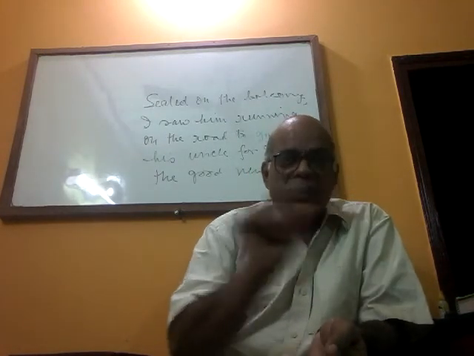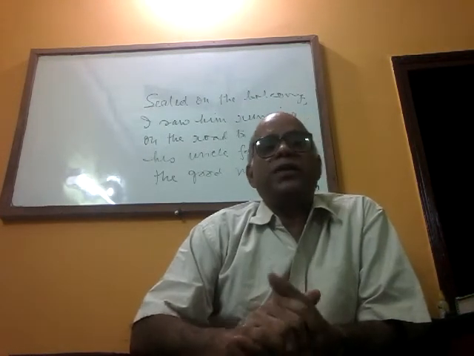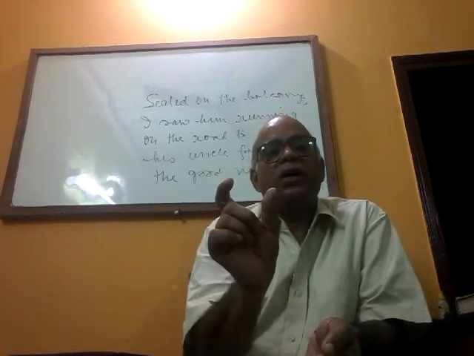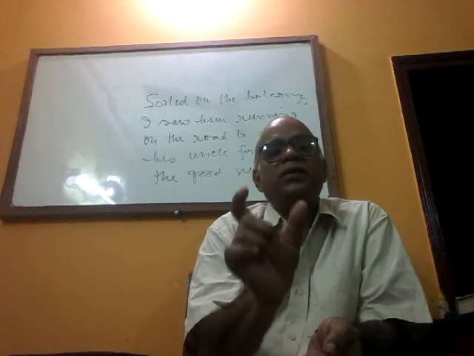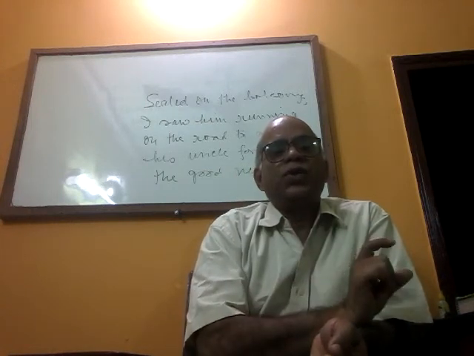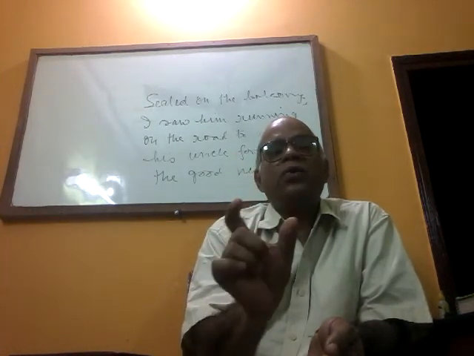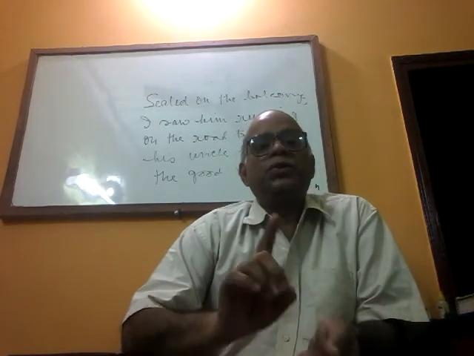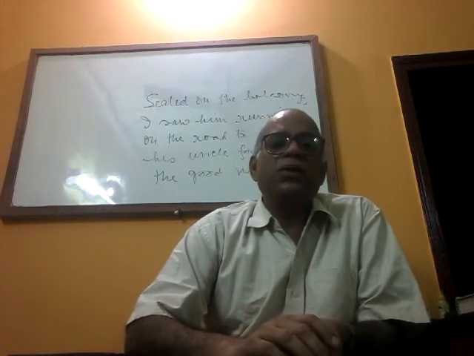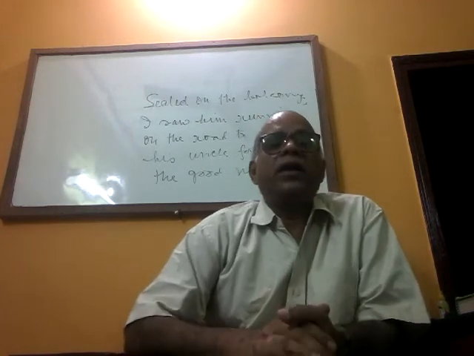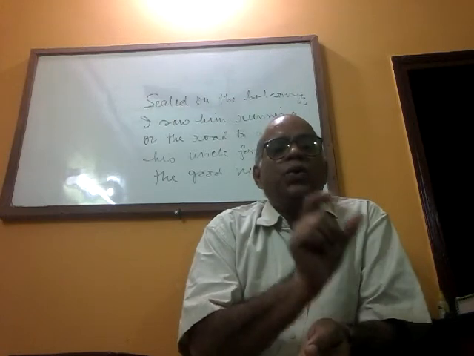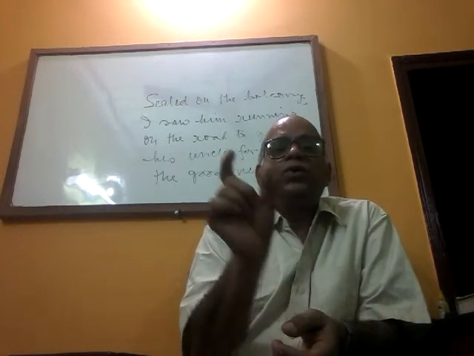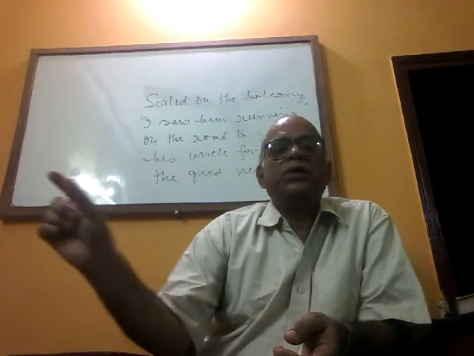Now if we use the extended form, we know that Riya is a good girl. We know is the principal clause. That Riya is a good girl is functioning as the object to the verb know. A word which functions as the object to the verb, we call a noun. So that Riya is a good girl becomes a noun clause. So the entire sentence can be analyzed this way: we know that Riya is a good girl whom everybody loves because she is truthful.